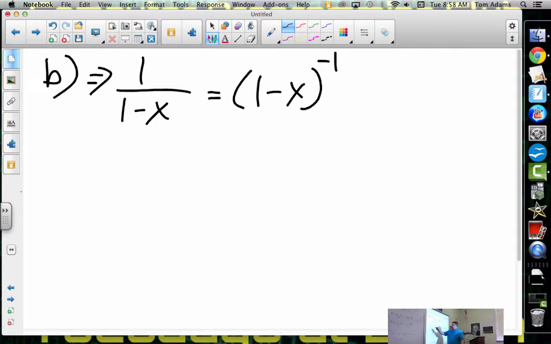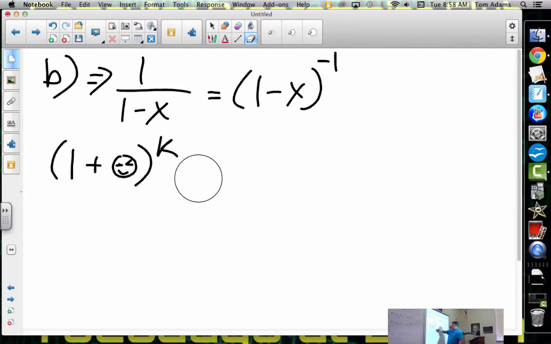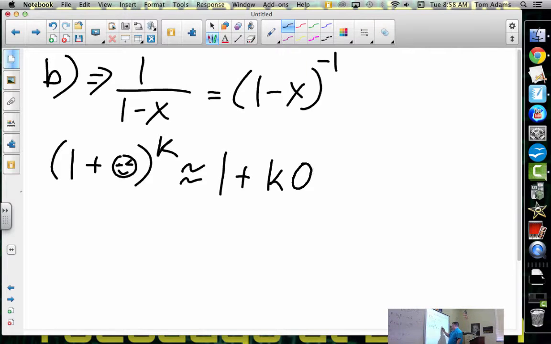So remember that, and I'll do this a little differently. If I say 1 plus smiley face, we'll do winky face, raised to the k, the linear approximation, whiteboard's not being very nice today, is 1 plus k times winky face.